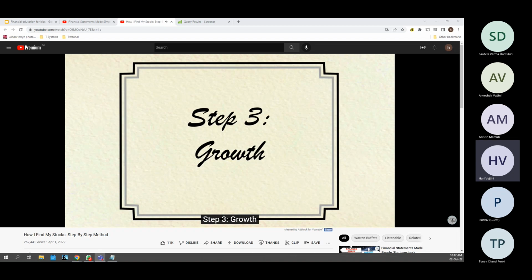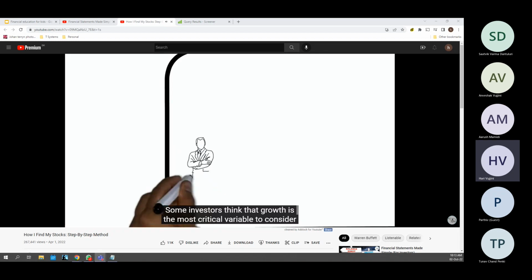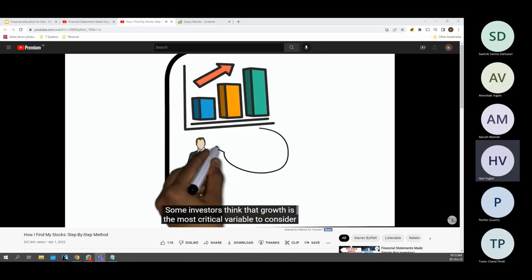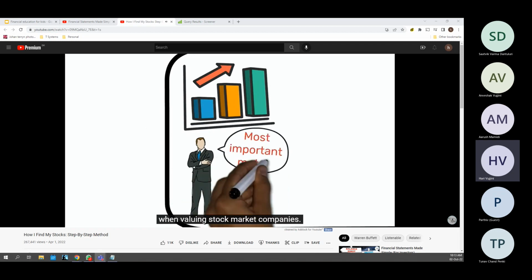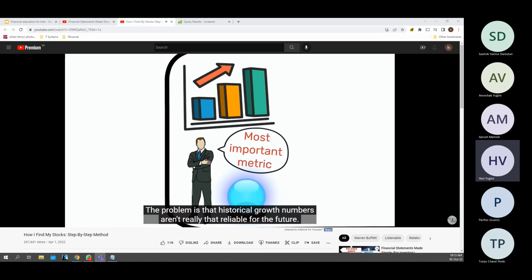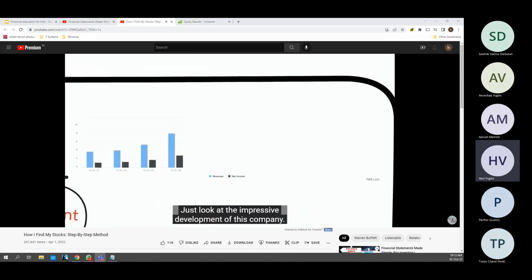Step 3. Growth. Some investors think that growth is the most critical variable to consider when valuing stock market companies. If one could tell the future, it would be. The problem is that historical growth numbers aren't really that reliable for the future. Just look at the impressive development of this company.